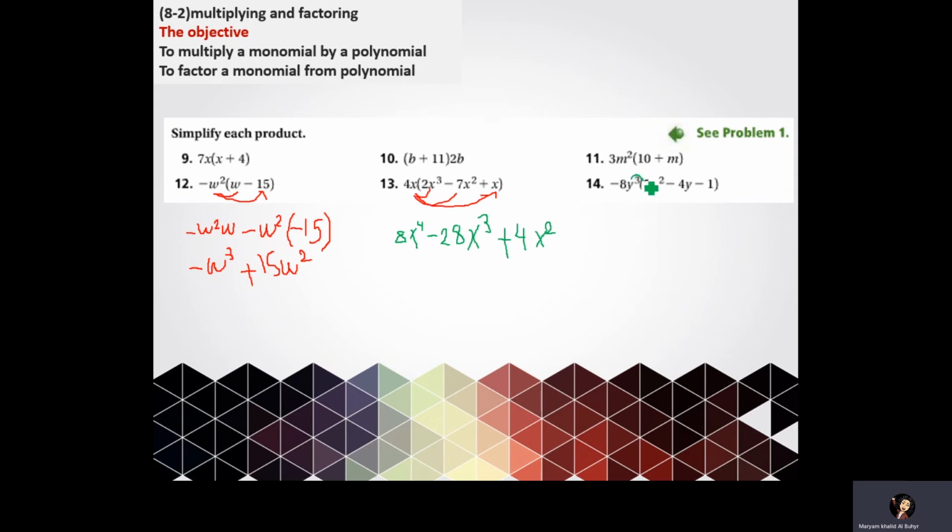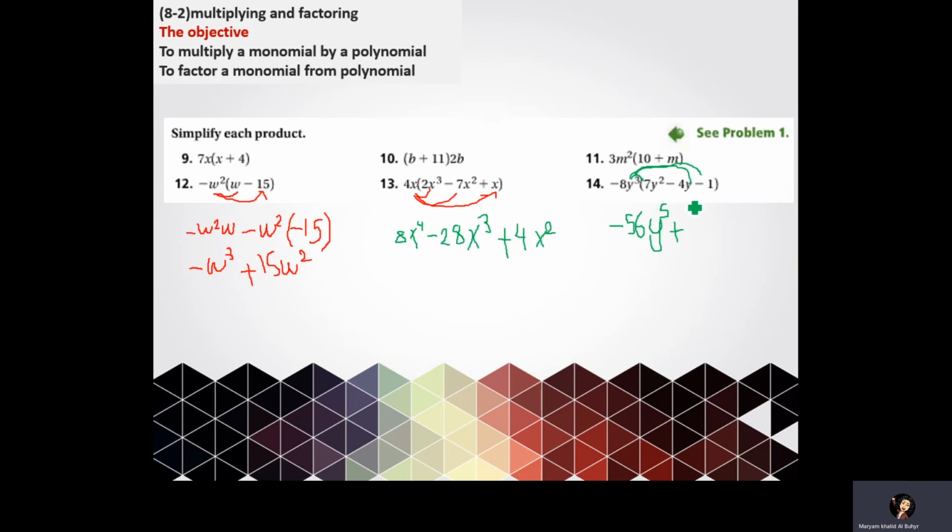So distribute this one. So that will be 8 times 7 will be what? So that will be -56. Again, y to the power 3 and 2, 5, minus and minus, plus 8 times 4.